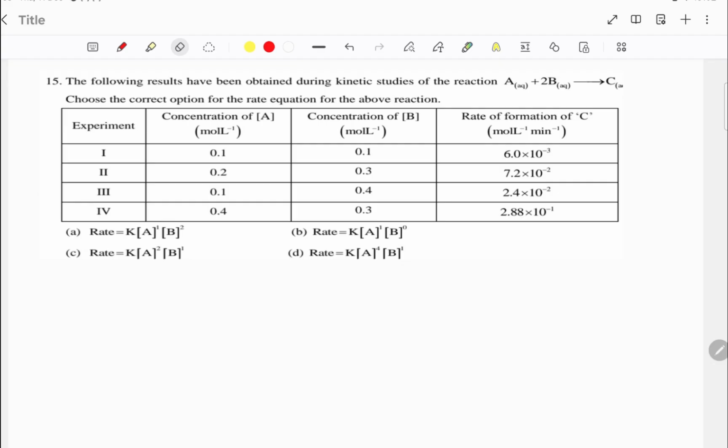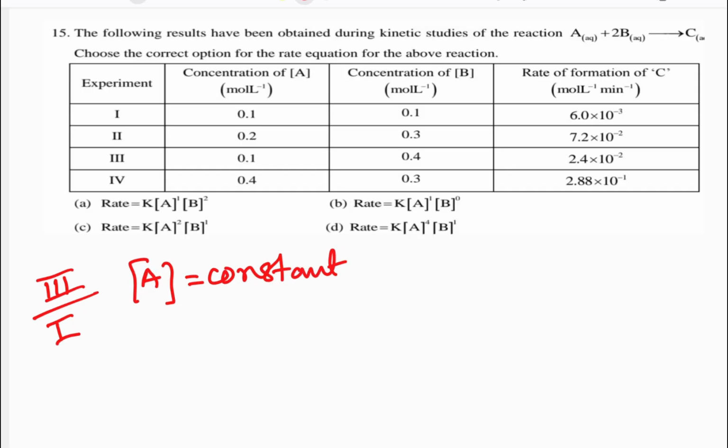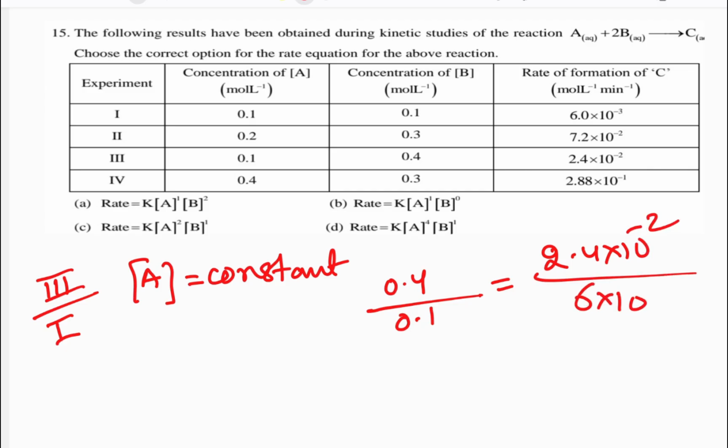Next, in the third experiment and first experiment, the concentration of A is constant. Now I am going to calculate the order of reaction with respect to B. In the third experiment, what is the concentration given and what is the rate given? You have to check. In the third experiment, concentration 0.4 with respect to B upon 0.1, it is equal to 2.4 into 10 power minus 2 divided by 6 into 10 power minus 3.